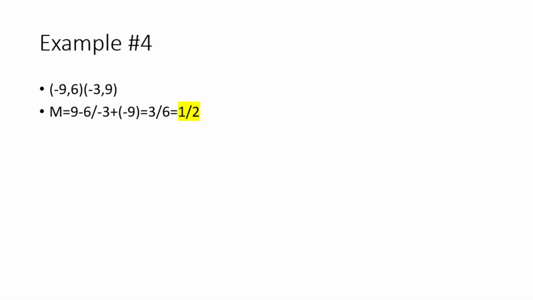Notice this is one of those equations where you had to change the subtraction sign to addition because the number was negative. You subtract the 9 and the 6 and add negative 3 and negative 9, and you should get 3 over 6, which is simplified to 1 over 2.